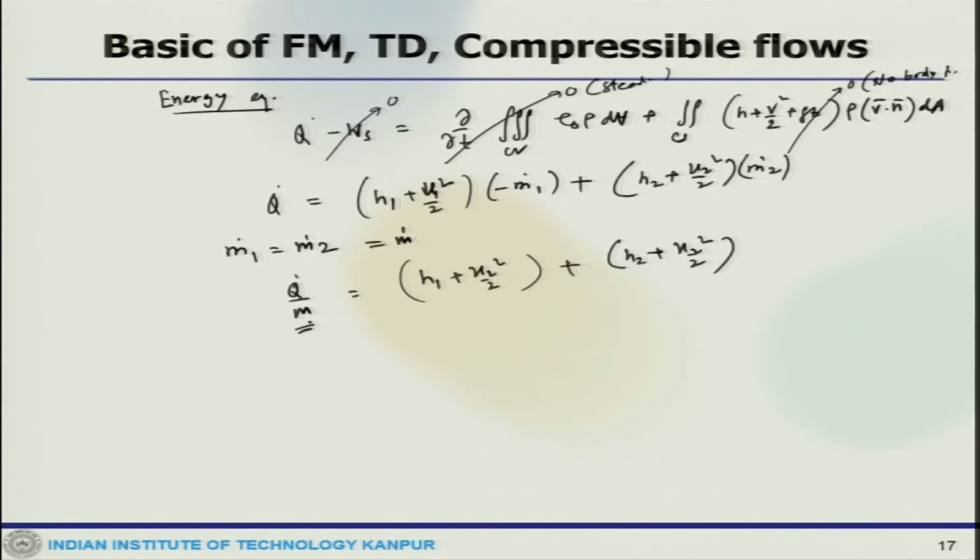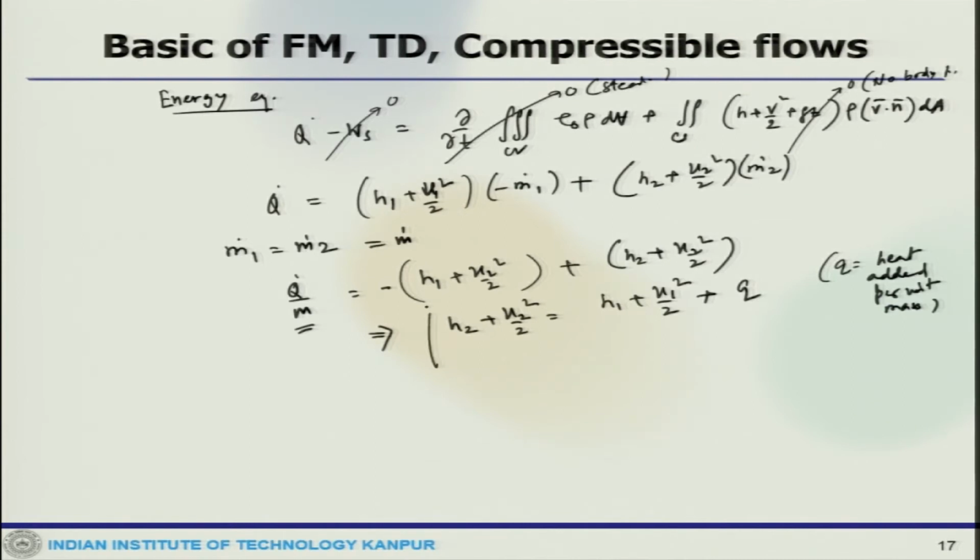Now, I can write that h 2 plus u 2 square by 2 is h 1 plus u 1 square by 2 plus q, where q is the heat added per unit mass.